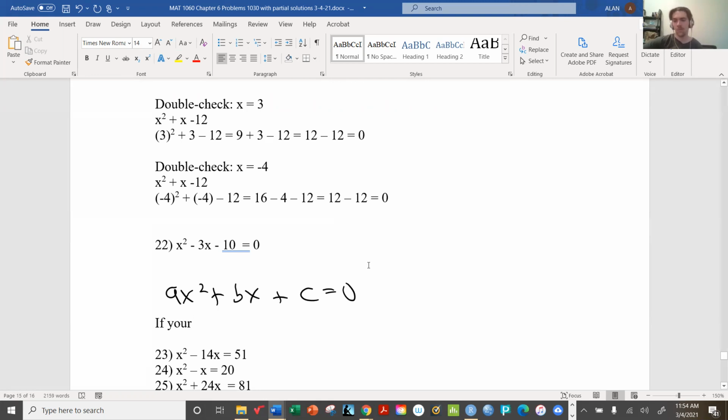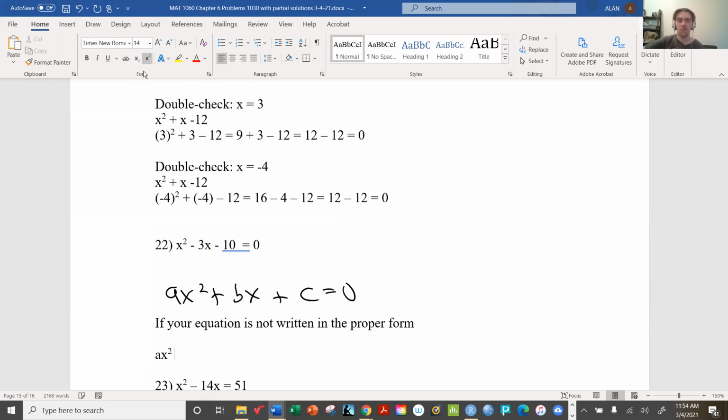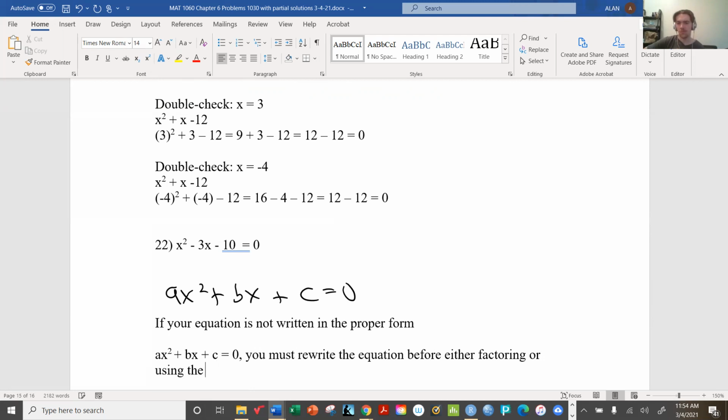If your equation is not written in the proper form, and again, that would be ax squared plus bx plus c equals 0, you must rewrite the equation before either factoring or using the quadratic equation or the quadratic formula.